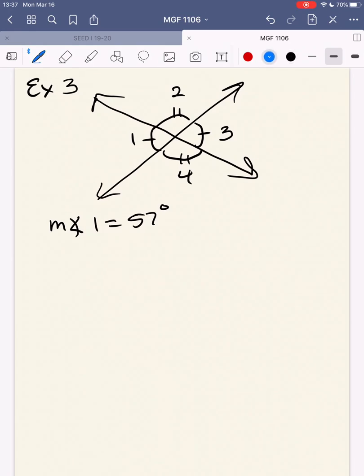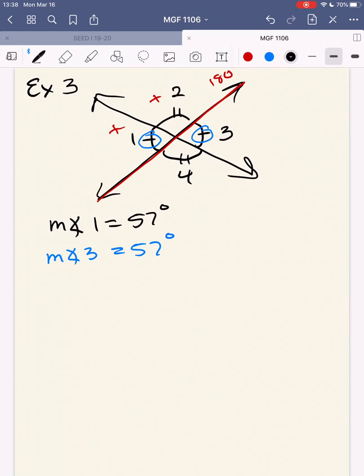Well, I already know that angle 1 and angle 3 are the same, so I know the measure of angle 3 is also equal to 57 degrees. I also know, because these are straight lines, that the two angles here, 1 and 2, have to add up to 180 degrees, because this line is straight.